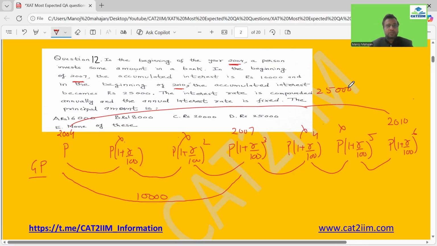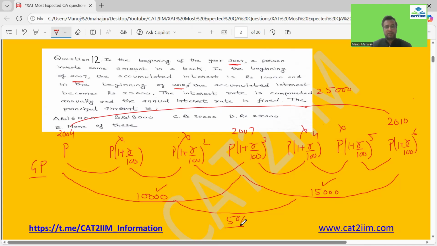Correct. So you can understand that difference between these two would be what? 25,000 minus 10,000, that is 15,000. So one thing we can understand is that the percentage change between these two figures, that is what is coming out over here, is 50%.